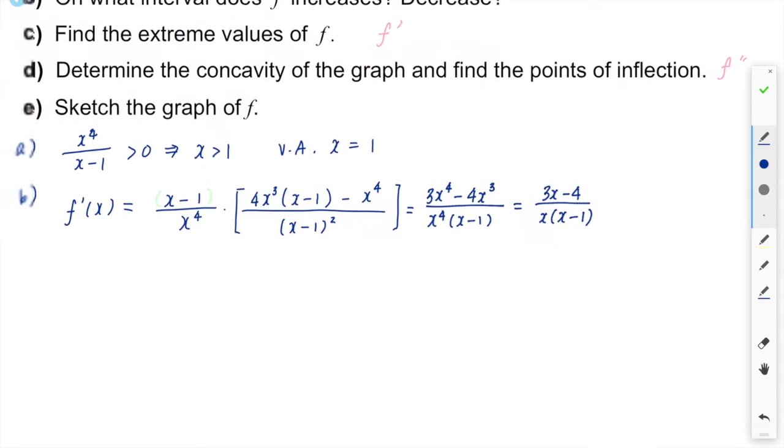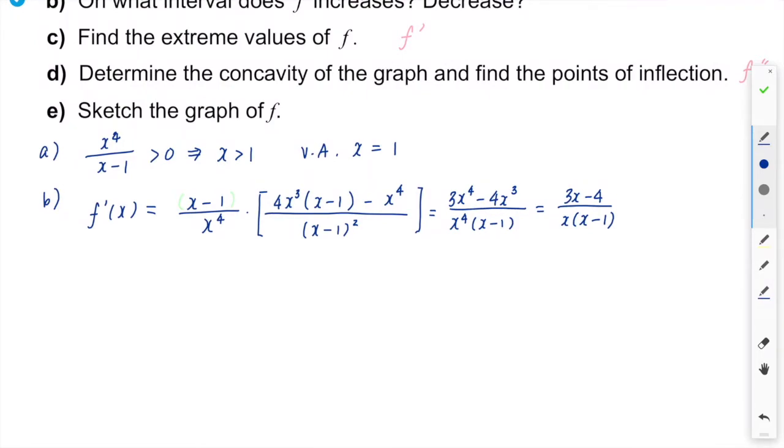We're interested in extreme values as well, and also when the gradient of tangent changes, they occur at f prime equals 0, potentially. So let's set f prime of x equals to 0, which implies that 3x minus 4 over x times x minus 1 must equal to 0, which means that x is 4 over 3.